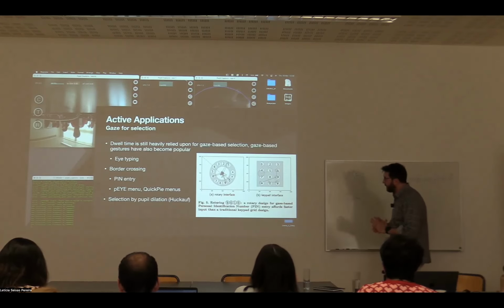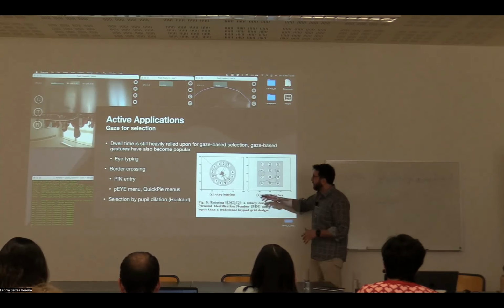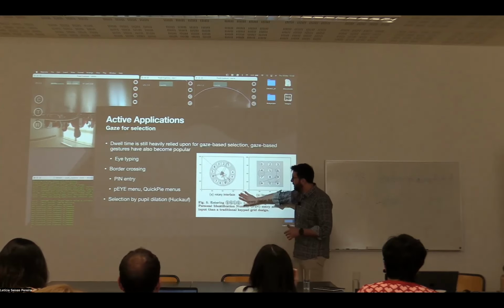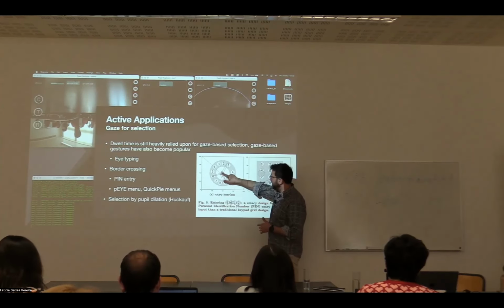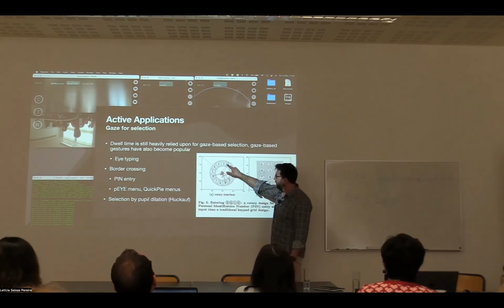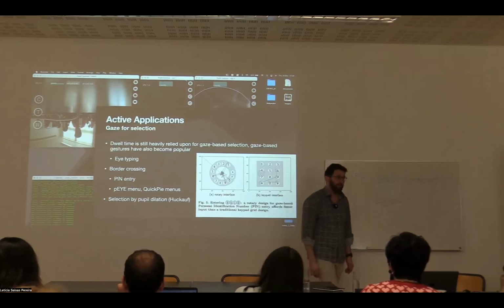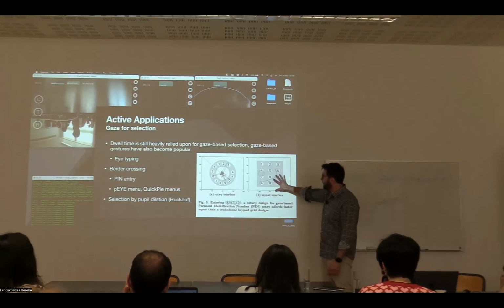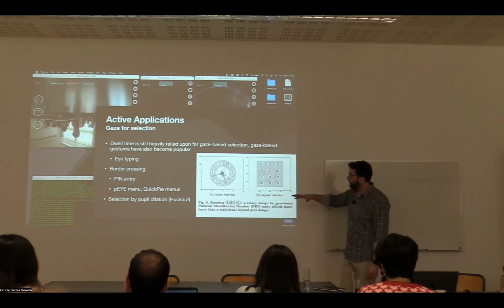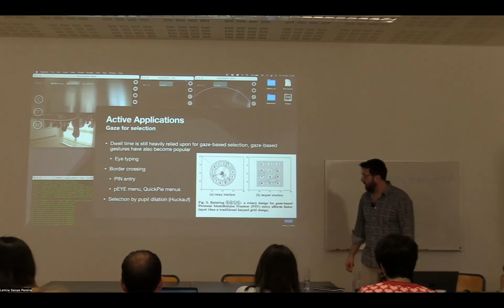The other technique, which is faster, is border crossing, which was in this paper, again by Duchowski. When the eyes only cross the border, the number was pressed. This is an application in PIN entry, and the other application is in eye typing.